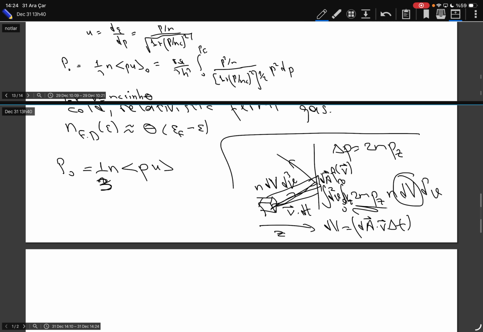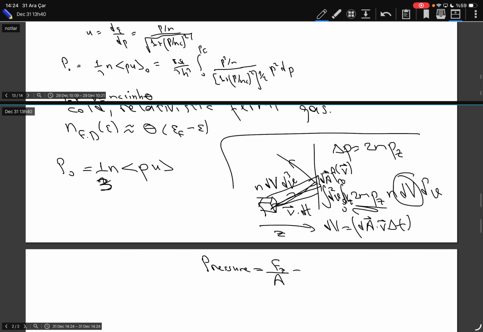And hence I get the pressure. Remember, pressure is force divided by area, force in the z direction. So this will be delta p total divided by area times delta t.